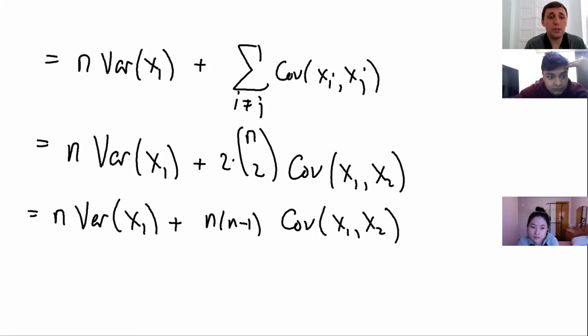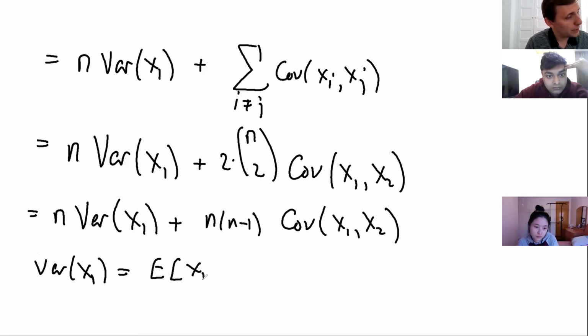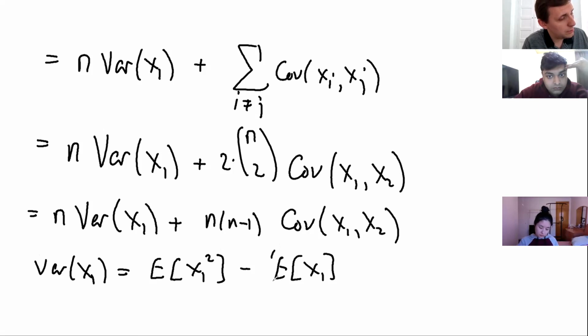Now let's begin calculating each term. What is the variance of x1? So we have that variance of x1 is the expected value of x1 squared minus the expected value of x1, the expected value itself being squared. So what's the expected value of x1 squared, please?